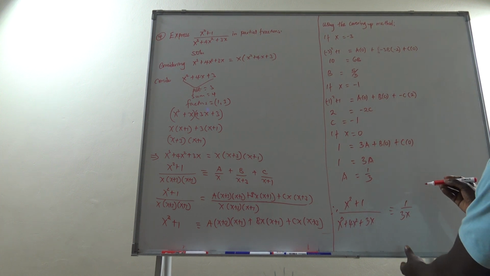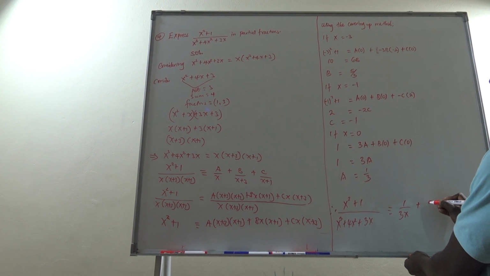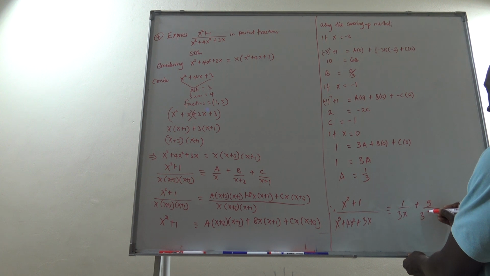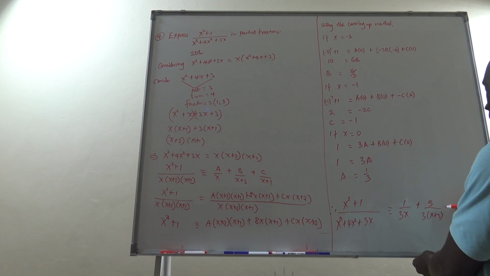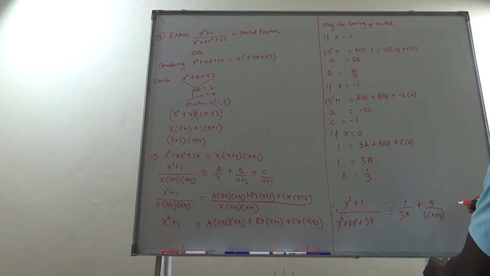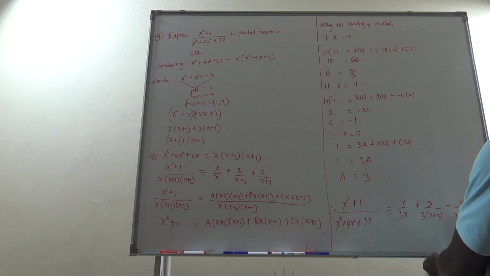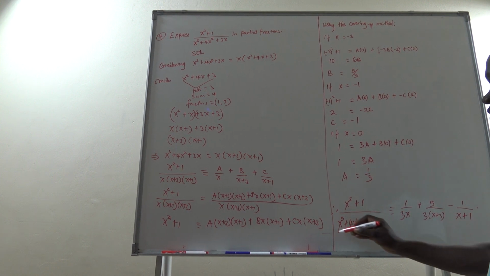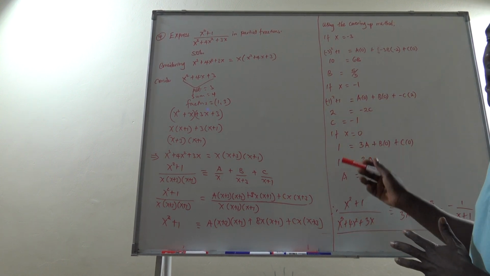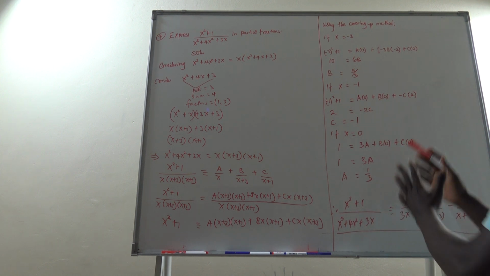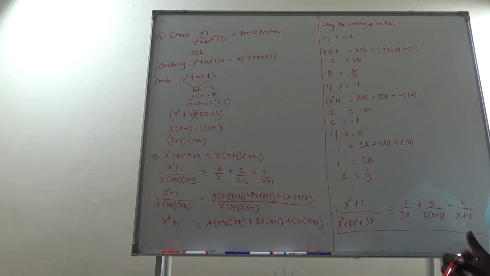The value of B is 5 out of 3, plus 5 out of 3 into (x plus 3). What is the value of C? It is negative 1. We say minus 1 out of (x plus 1). So that's the way we can express this kind of fraction, and when you do this procedure, you'll expect to achieve all the marks.